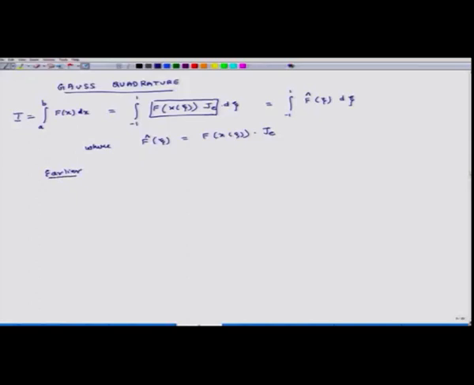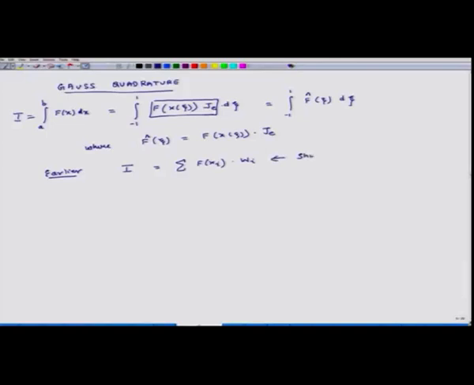Earlier we had seen that for the trapezoidal way of integrating and Simpson's rule of integrating, I could express I as nothing but a sum of f of xi times wi.